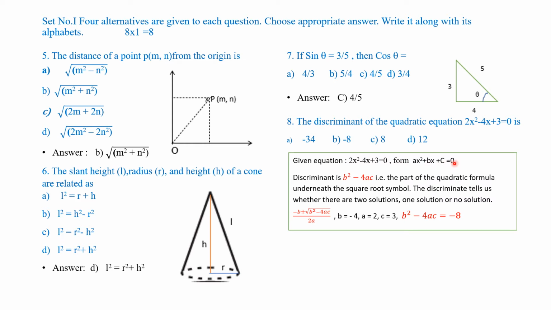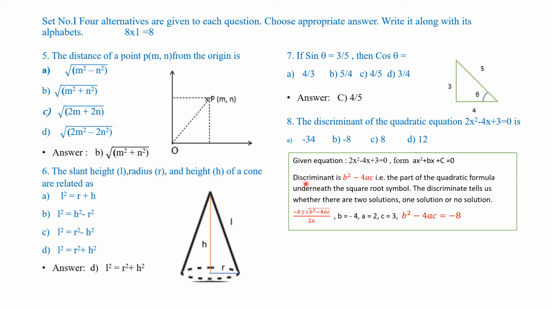The roots of this are given by x equals minus b plus or minus under root b square minus 4ac, divided by 2a. This is the root of the equation. Here in the given equation, b is equal to minus 4, a is equal to 2 and c is equal to 3.